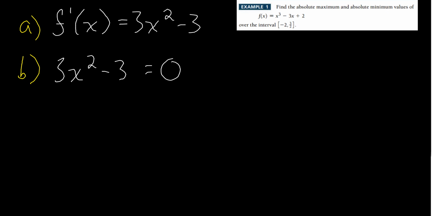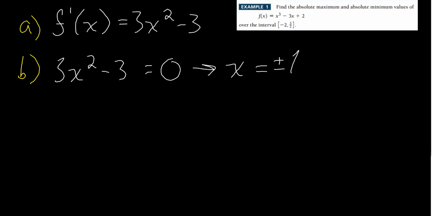Then we're going to equate the derivative to 0. We add 3 to both sides, divide both sides by 3. We get x squared is equal to 1. Take the square root of 1, so we get x is equal to positive and negative 1.